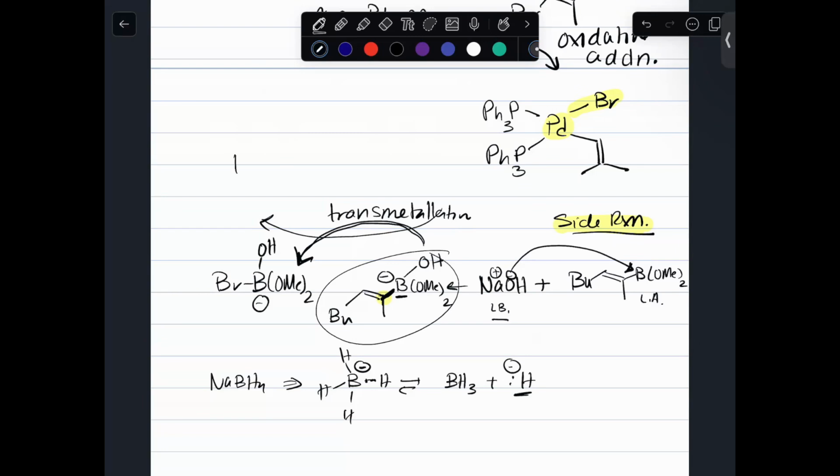And the palladium now has the two vinyl groups. So all they did was swap groups. The boron got the bromine and the palladium got the alkyl vinyl group. Okay.